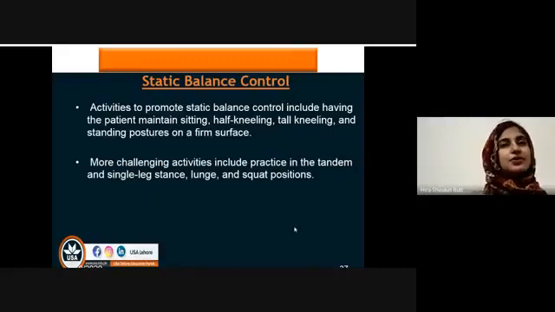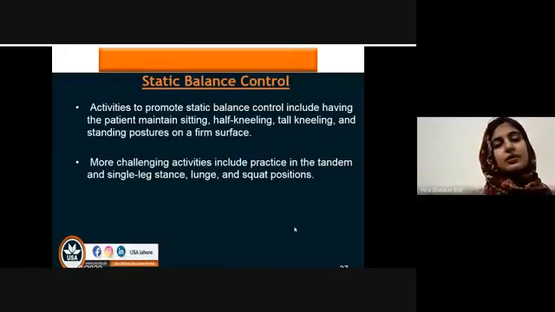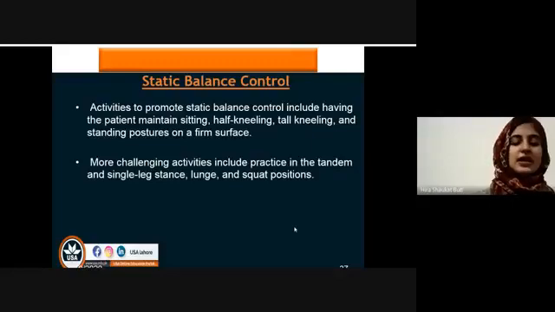For example, if the patient is not able to maintain the transition of standing to sitting, then you can make that procedure his exercise. So you have to just repeat it: stand, sit, sit, stand, stand, sit. That will be the exercise.